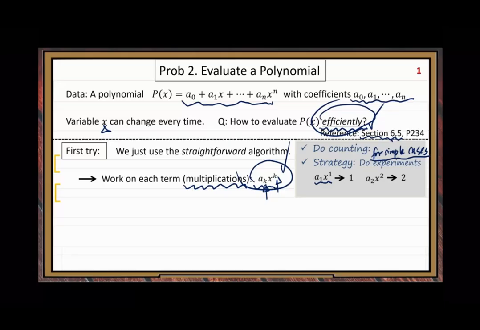After these 2 simple experiments, can you see how many multiplications we need in the general case? Can you see a certain rule, some interesting special rule you can observe from the simple experiments? Our conclusion is we need k multiplications to calculate this general term.